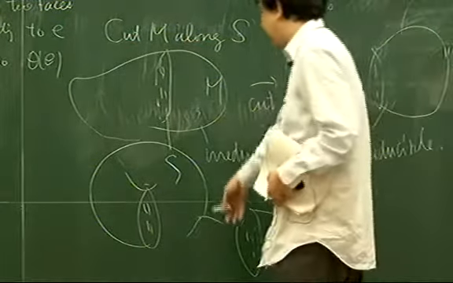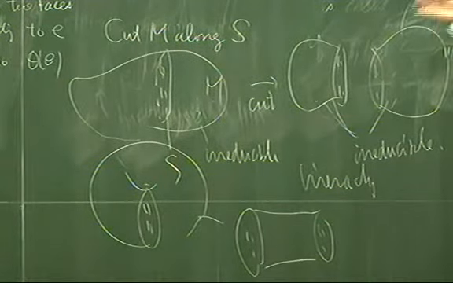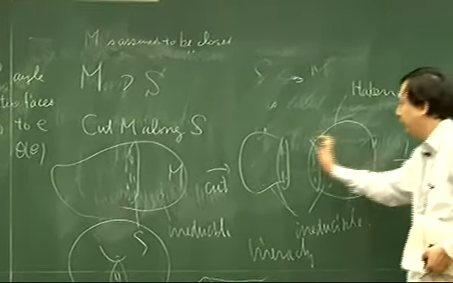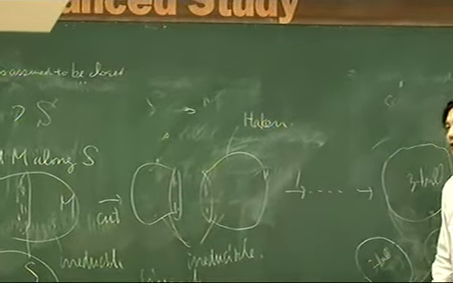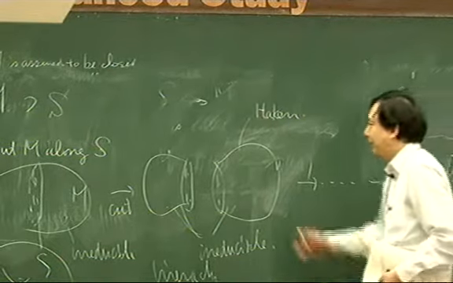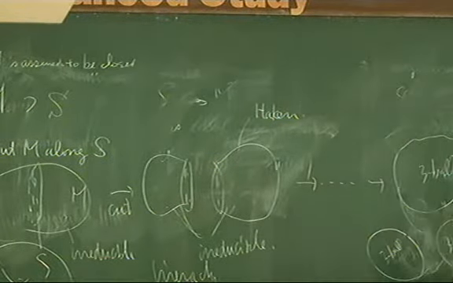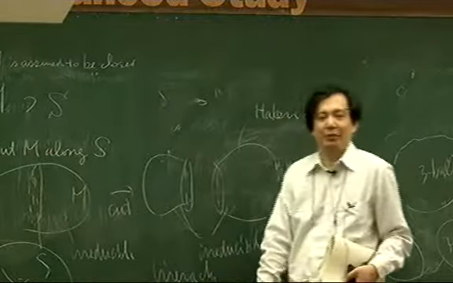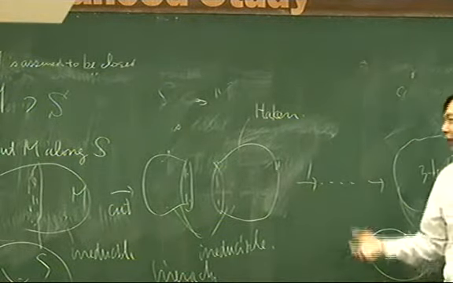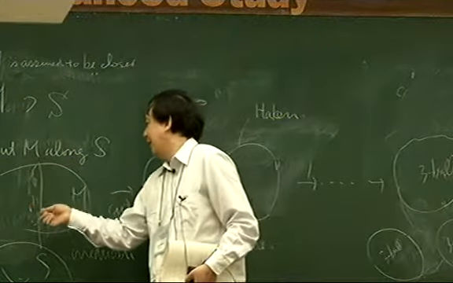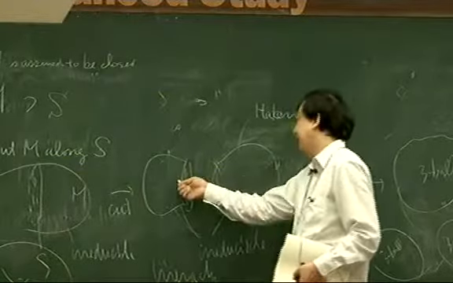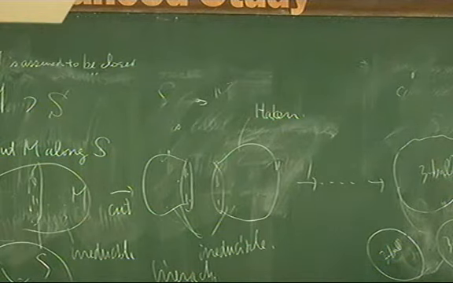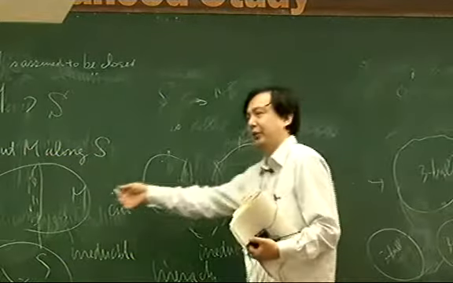So at the last step, what you have to show is you have two Haken manifolds with a higher genus boundary, and both of them are assumed to have a geometrically finite structure, and what you get is the closed hyperbolic 3-manifold. So you'd like to show that there exists a closed hyperbolic structure on M, which is obtained by pasting two geometrically finite hyperbolic structures. Okay, that's what you have to show in the last step.